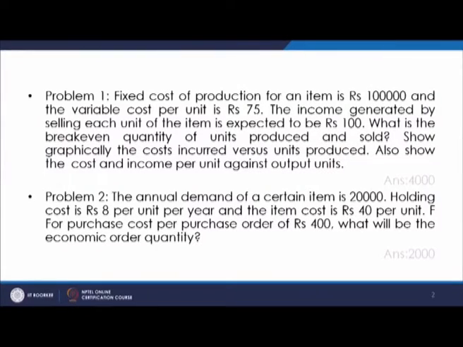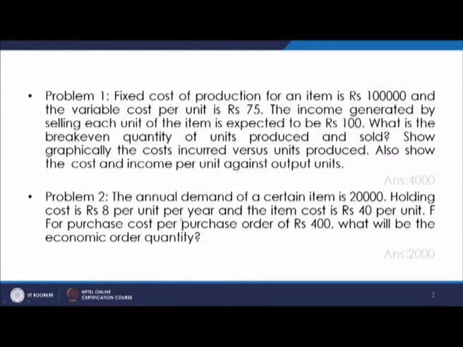The next question is regarding the economic order quantity. In that, it is given that the annual demand of a certain item is 2 lakh, holding cost is rupees 8 per unit per year, and the item cost is rupees 40 per unit.